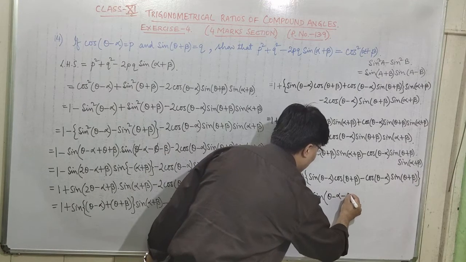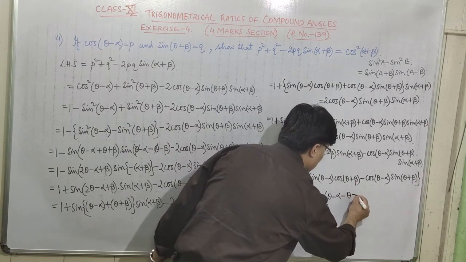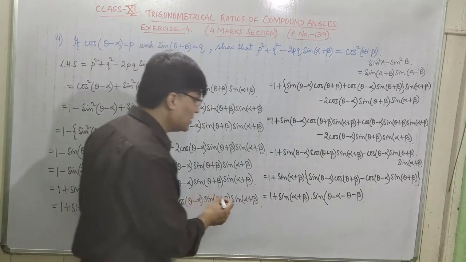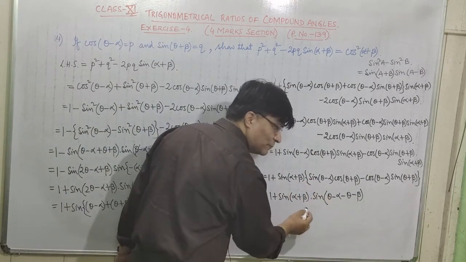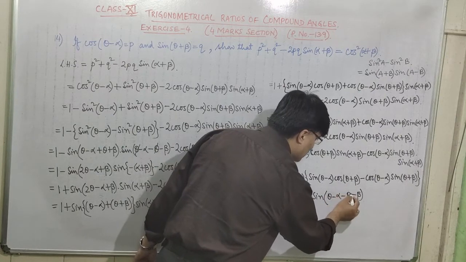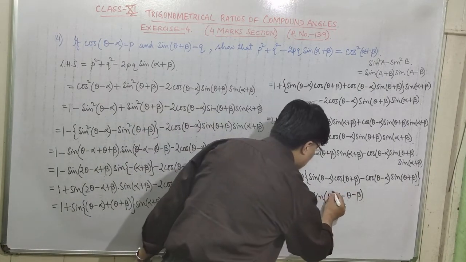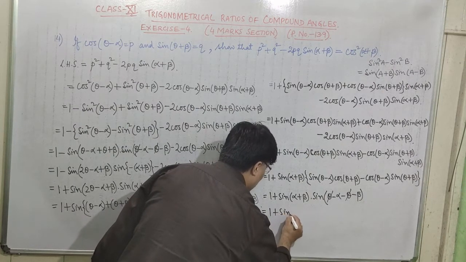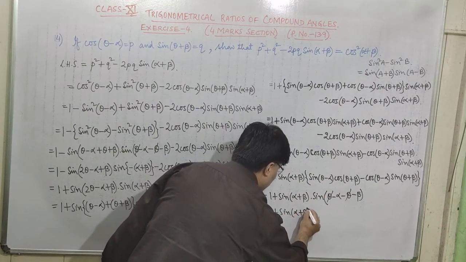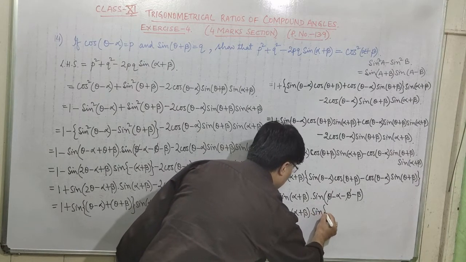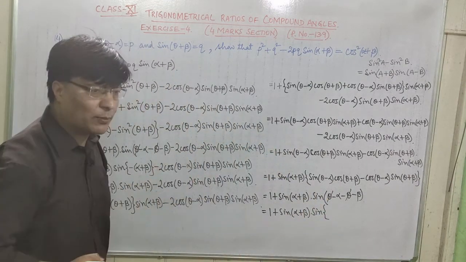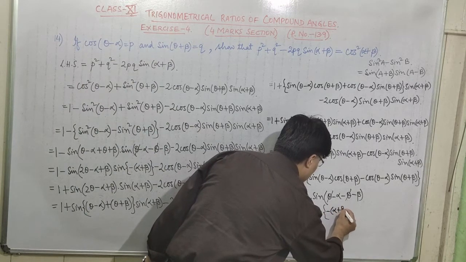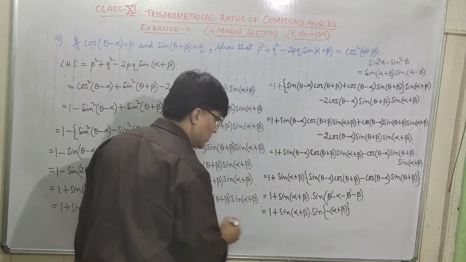Theta minus alpha, and B is theta plus beta. So here theta and theta will be cancelled, which is equal to 1 plus sine of alpha plus beta into sine of, within the second bracket, minus is taken common, alpha plus beta, right?